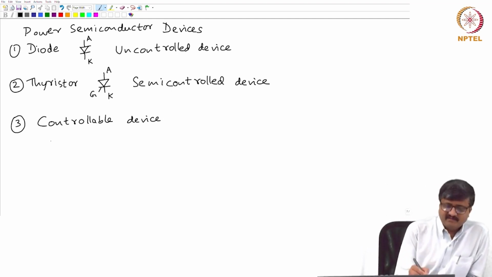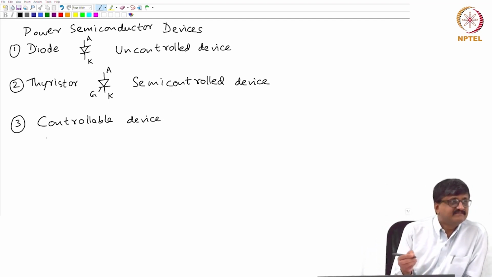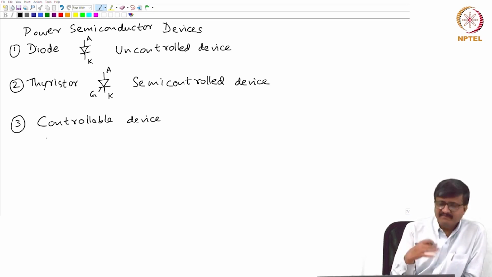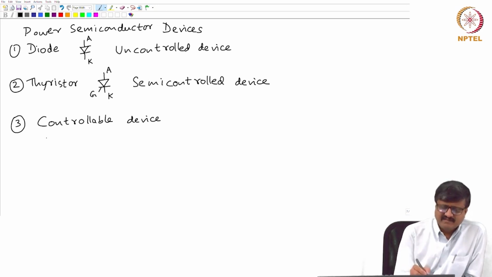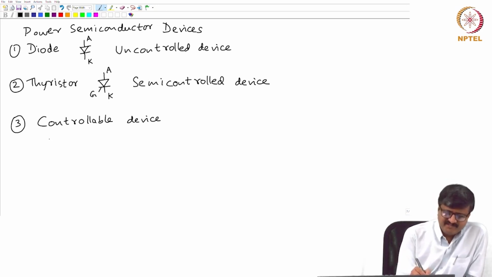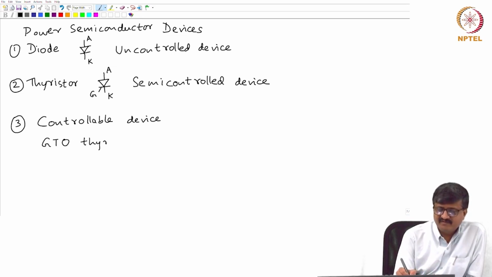So the examples are IGBT. I am talking about the ones which can be used in a high power circuit. There may be many examples, but the ones which are actually used in a power circuit. Before IGBT, there was one particular device, GTO thyristor, which stands for gate turn off thyristor.